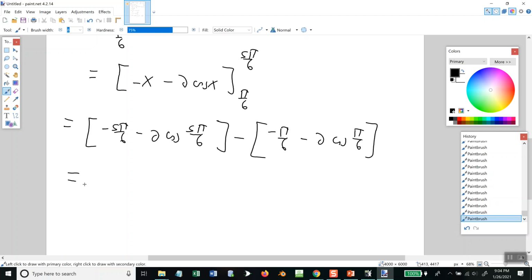Considering that sine of pi over 6 is 1/2, and considering where these are located, keep that in mind. What is cosine of 5 pi over 6? The square root of 3 over 2 is correct. Negative. 5 pi over 6 is over in quadrant 2, and the x's are negative there.